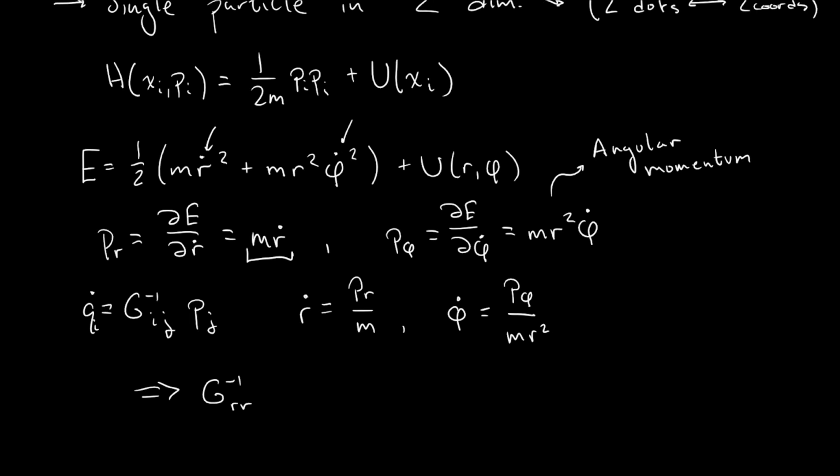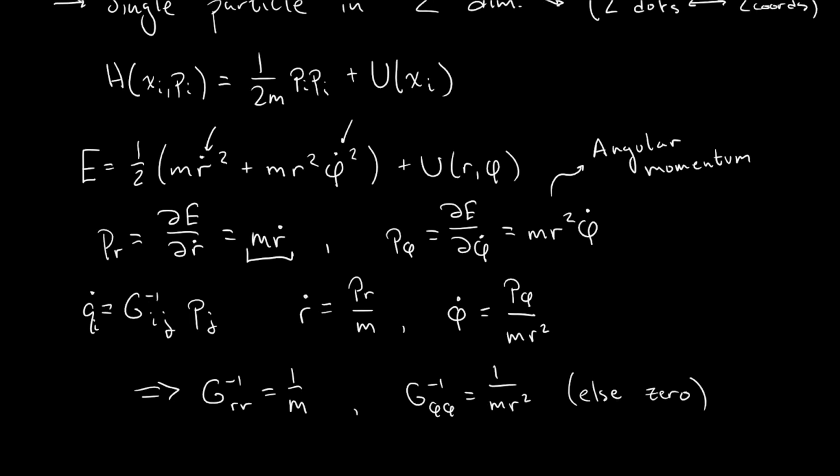There is another way of finding the elements of G inverse that I'll show you after this example, but this is one way of doing it. So this is just 1 over m, and the phi entry of the inverse is equal to 1 over m r squared. And all others are 0.